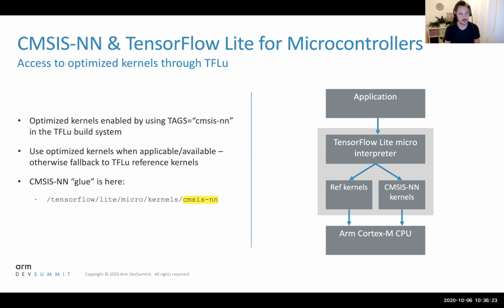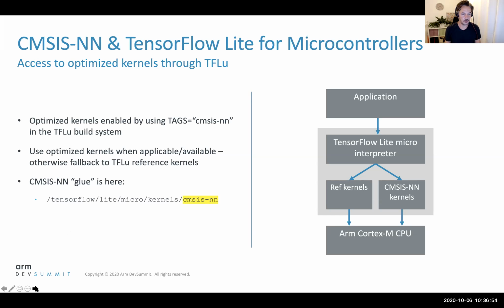But since M55 is really good at doing machine learning workloads, of course we will see a little bit more gain in the M55 as compared to M7, despite its dual issue pipeline. I think that's all the questions for now. Right, thank you. Thank you, Rob.